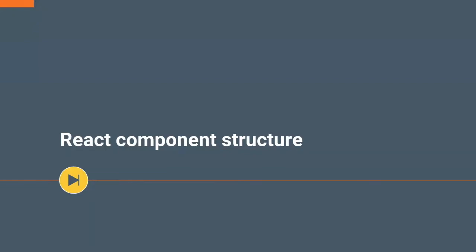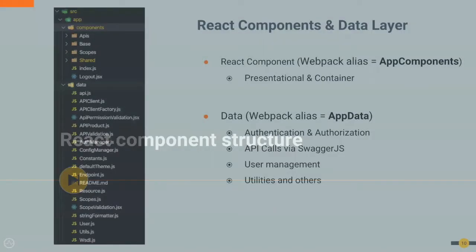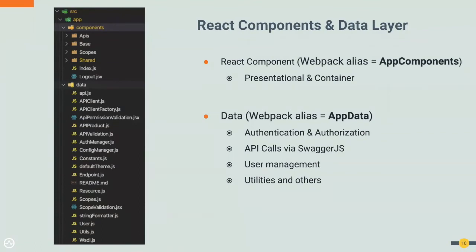Then let's move to the React component structure. We have mainly divided our application into two layers. First is the React component layer. It contains purely React code, basically React components, and we have used an alias called components to locate these React components.